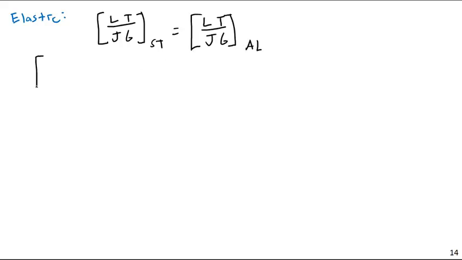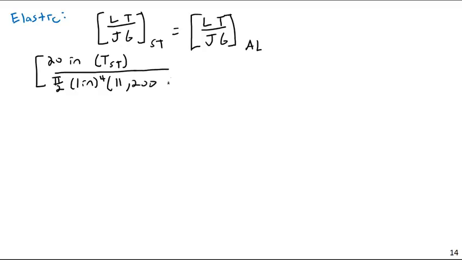And so this is then going to be 20 inches times the torque in the steel over pi over 2 times 1 inch to the fourth times 11,200 KSI, just subbing in the material properties for aluminum and steel.